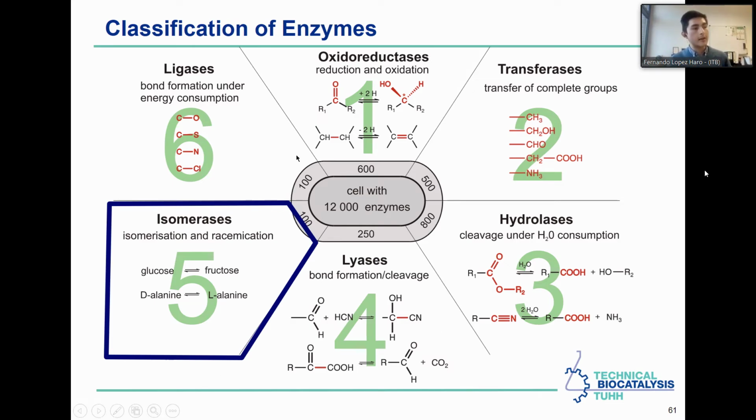As you can see in this diagram right here, each of those classes has around 100 different enzymes. So it's not a very big number, but still it is important for us to cover them. Isomerases catalyze either isomerizations or racemizations of compounds.